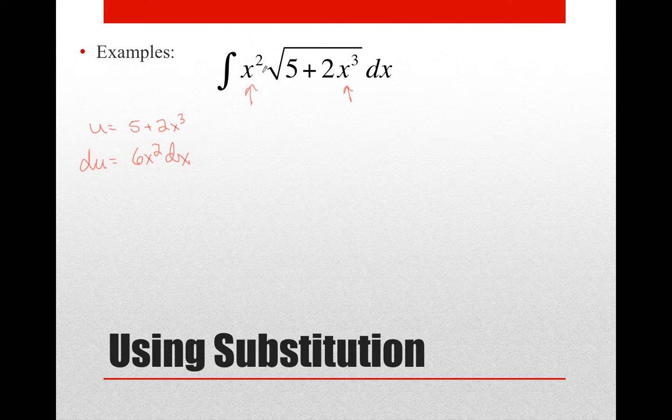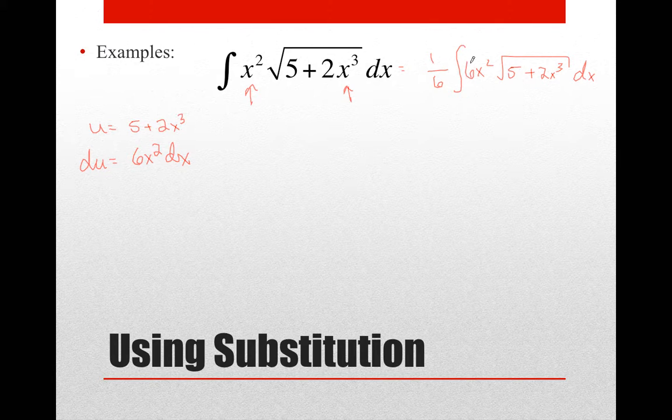Well, I don't have a 6x squared, so I want to compensate. I want to say this is 1/6 of 6x squared times the radical of 5 plus 2x cubed dx. Notice I'm not changing the question.